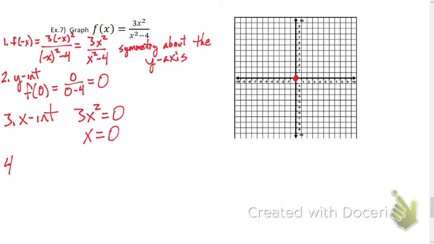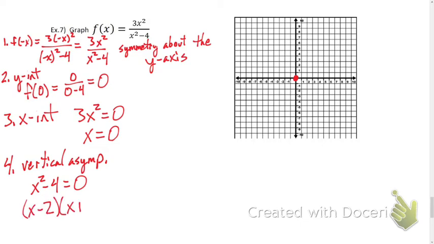All right, step 4, vertical asymptotes. Remember, this is where you set the denominator equal to 0. If you can factor, factor, because it's nice to be able to see what crosses out. And when we factor it, we get this.